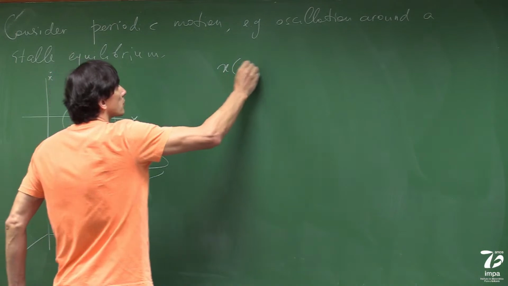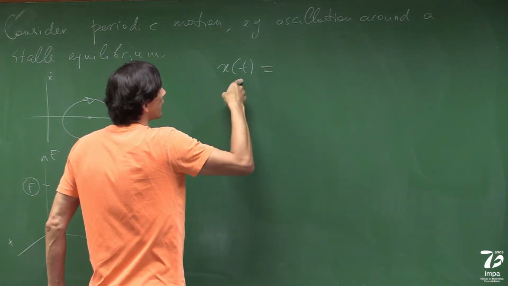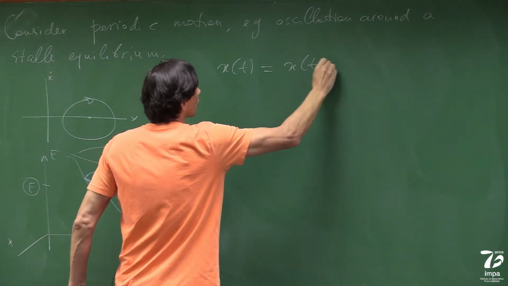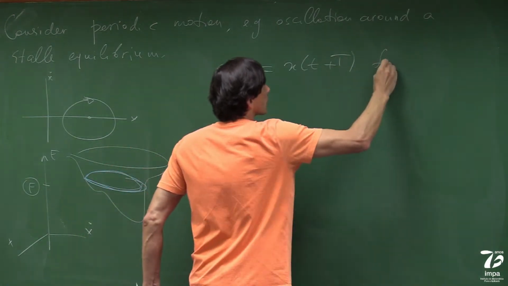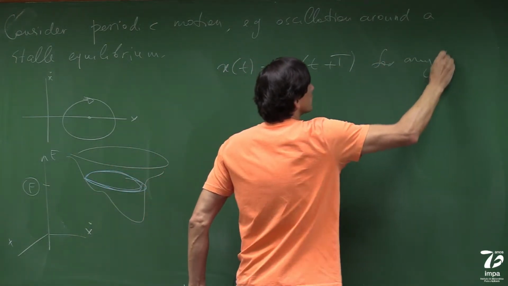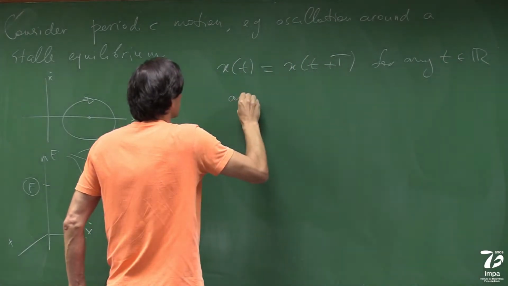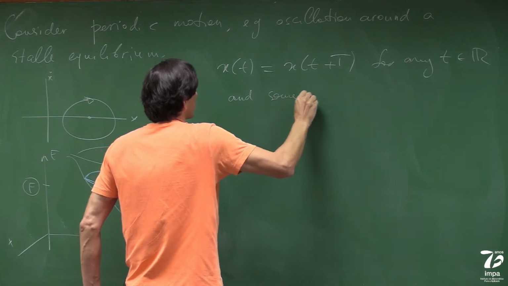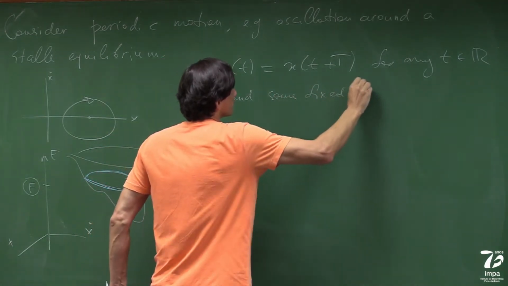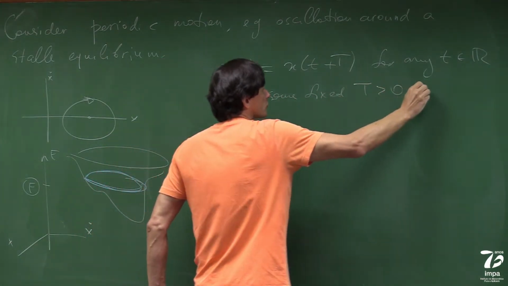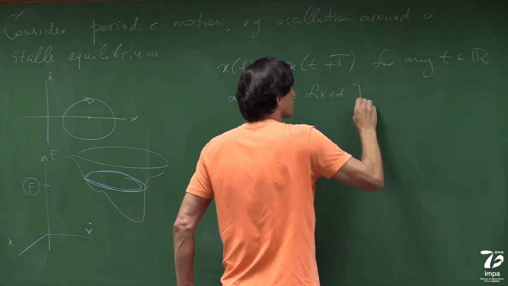So what does periodic motion mean? Periodic motion means that the position at any time is the same as the position after a period, for any time and some fixed t positive, which is the period.